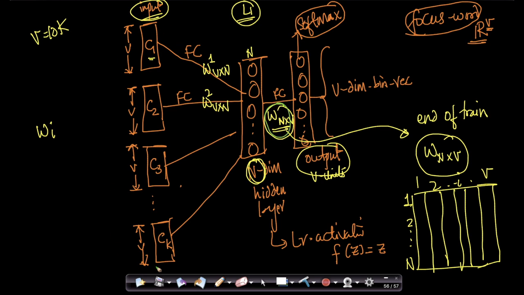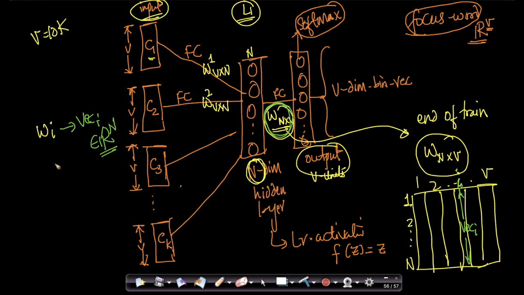Because all of the information in the context words has been summarized in this smaller matrix. So for every word Wi, there is a vector i in this matrix. This vector i is an n-dimensional vector.